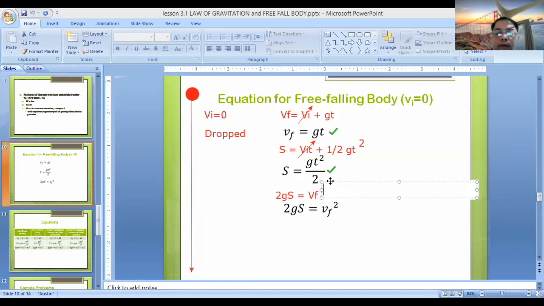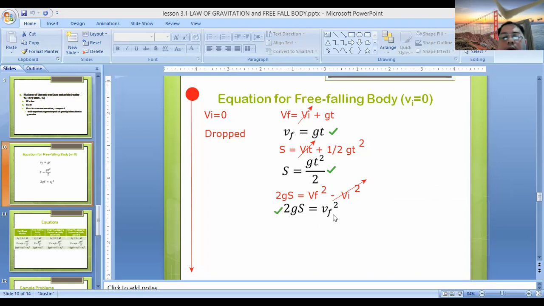And since vi happens to be 0, we can eliminate this portion here. We can make that 0, and therefore what remains is this equation.